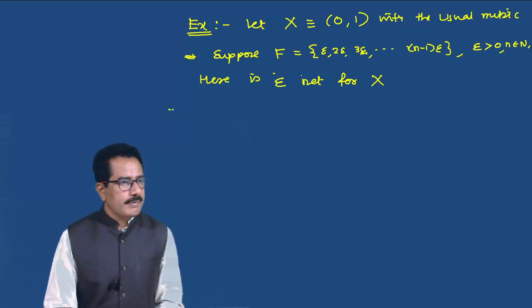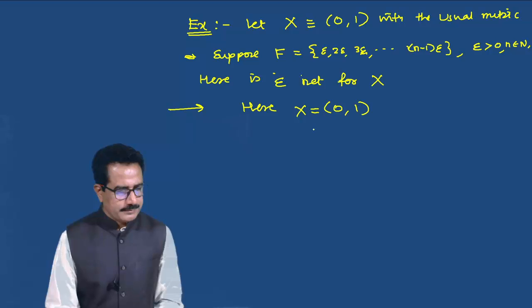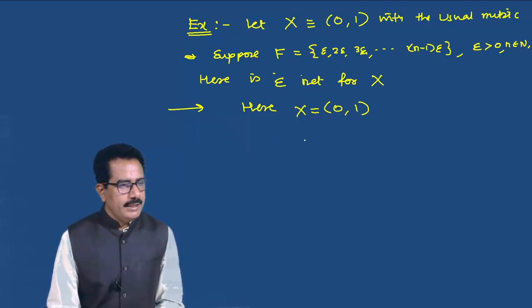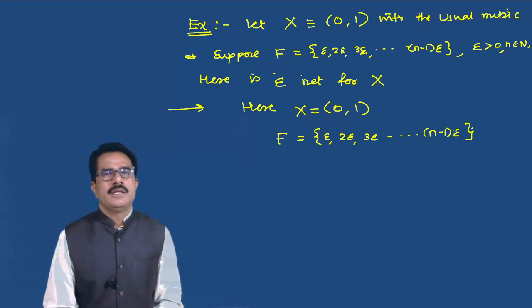See this here, capital X is [0, 1], and F is equal to epsilon, 2 epsilon, 3 epsilon, dot dot dot, n minus 1 into epsilon.